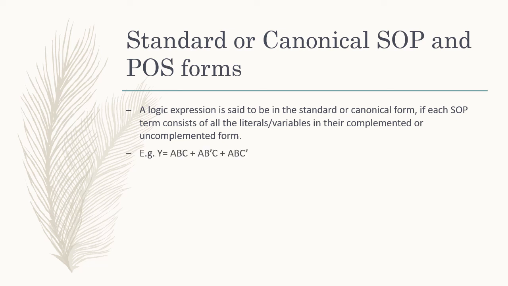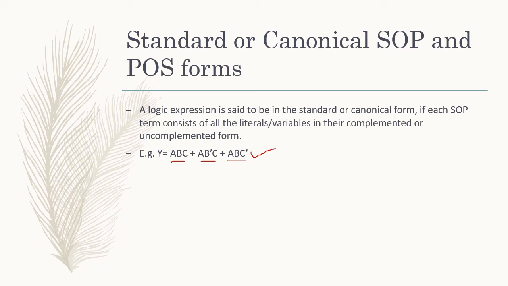Now here this equation is having three terms and three variables. A, B, C are the three variables as you can see, and these are the three terms, and in each term you are having all the three variables present, whether they are in the complemented form or uncomplemented form, that is not the issue, but all the three of them are present in each term, and that's why we can say that this is the standard form of the equation.